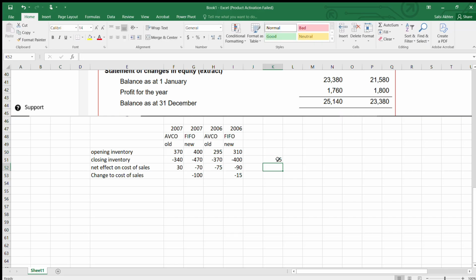The difference is 15,000. This 15,000 will be brought forward to your retained earnings at 1st Jan 2006. Okay. Now let's draw up the statement of profit or loss extract.